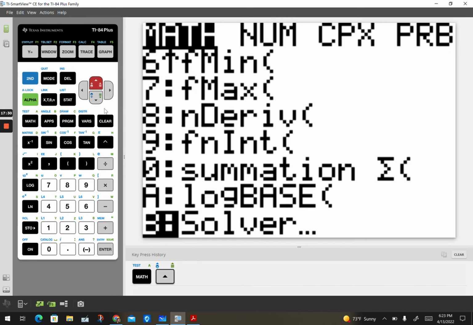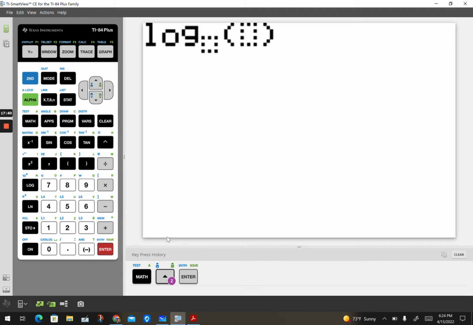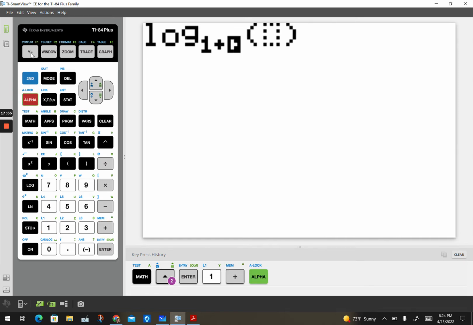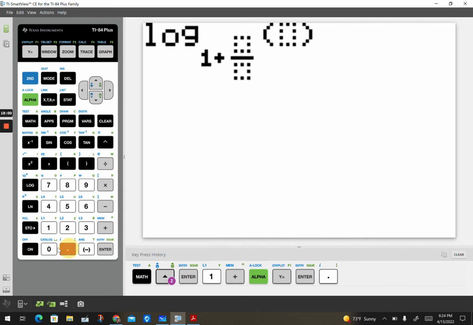When you hit enter, you're going to end up with 2 spaces to be filled in, the base and then the number. Our base is that really long number of 1 plus 0.055 over 4. So I'm going to do alpha y equals, and then write 0.055 over 4. And then the number, what was it again? I can't forget.